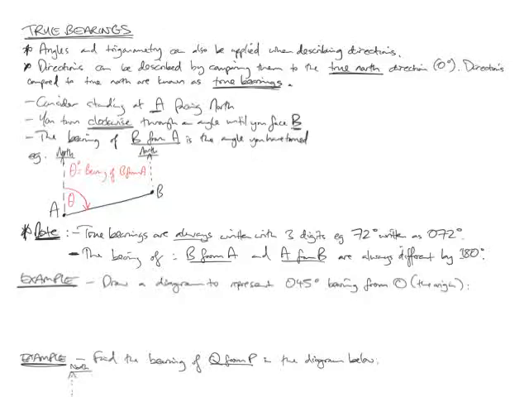So if we say this was 72 degrees, for example, that 72 is B from A. What's the bearing going to be of A from B? Well, you're going to have to turn clockwise, facing north from B, and they're always going to be 180 different.